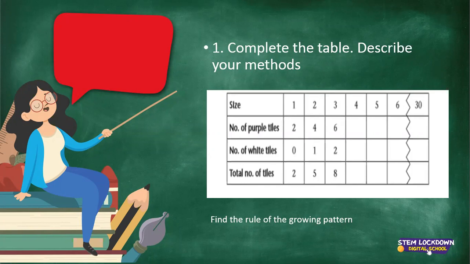So what I noticed immediately is that on each size, from size 1 to size 5, the number of white tiles is 1 less than the exact size of the pattern. So on size 1, we have 0.